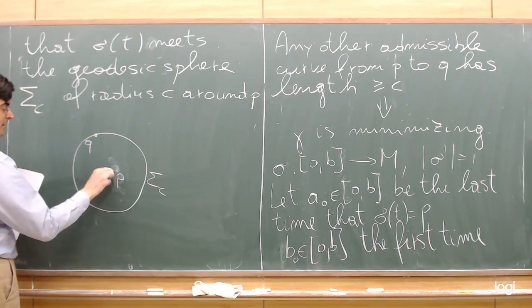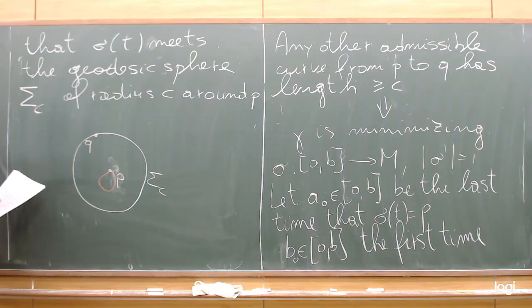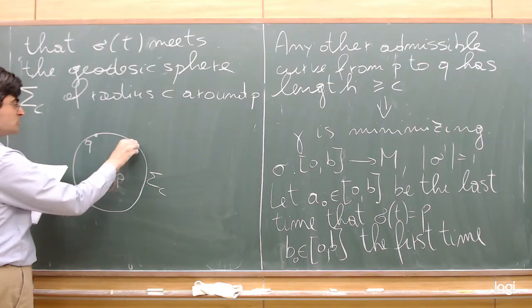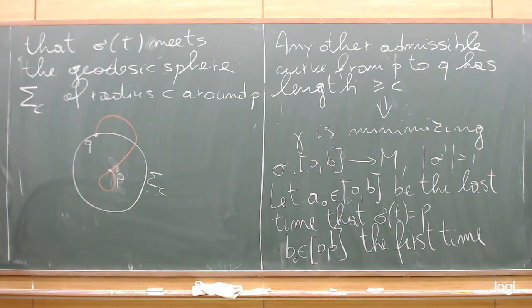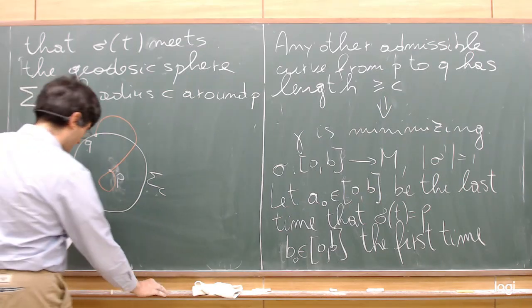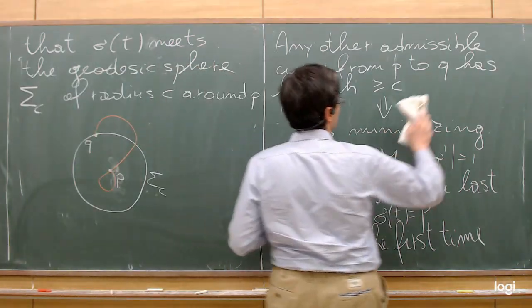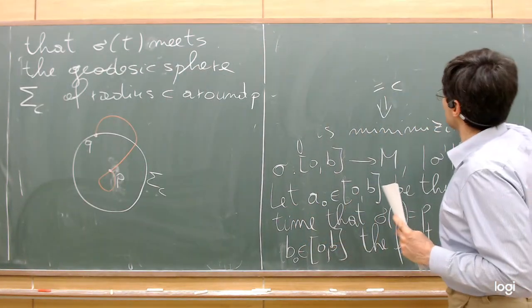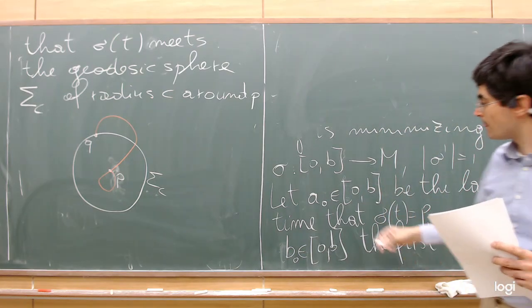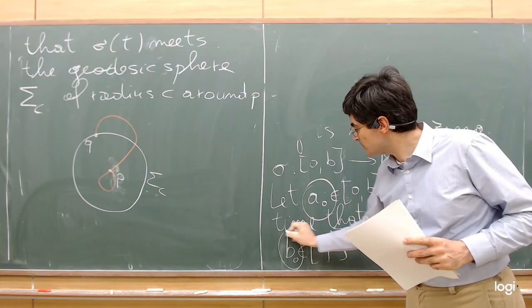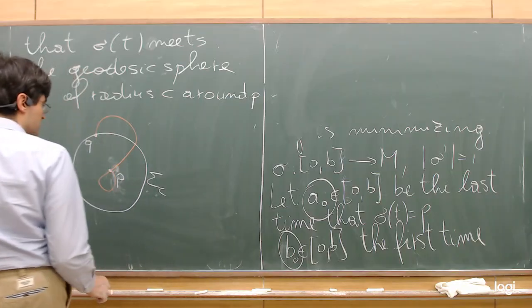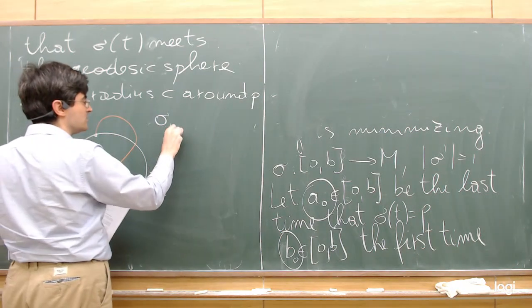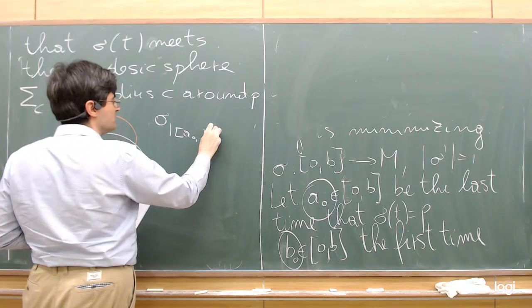It starts from P, then after a certain time returns to P, then at a certain time intersects sigma C, and then it reaches Q. The reason why we define A0 and B0 is that we want to work with sigma restricted to A0, B0.